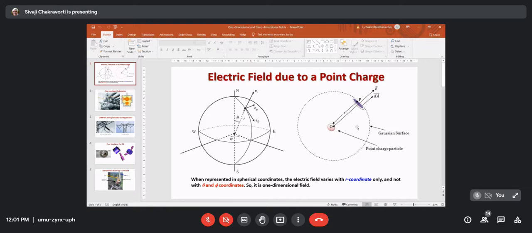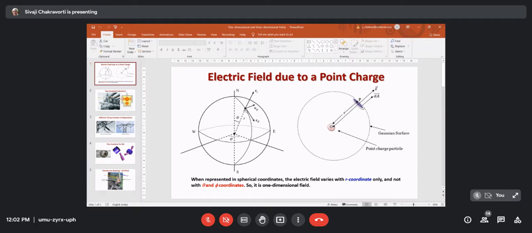Now, on the right, I have shown the field due to a point charge. You all know that for a point charge at a radial distance R, the potential is Q by 4 pi epsilon R, right? And the field intensity is Q by 4 pi epsilon R square. Now, look at the left-hand side diagram. Now this origin is our point charge, and here is my point.